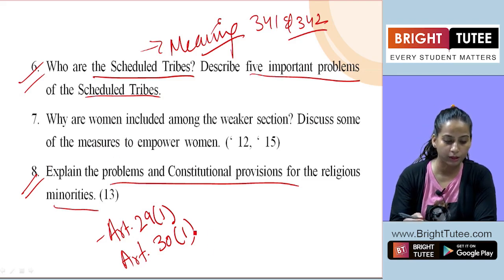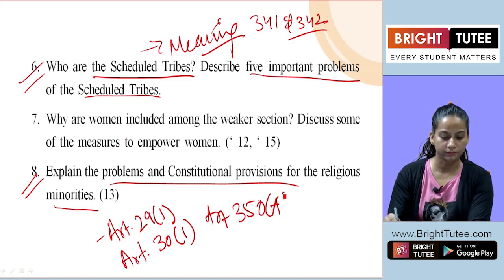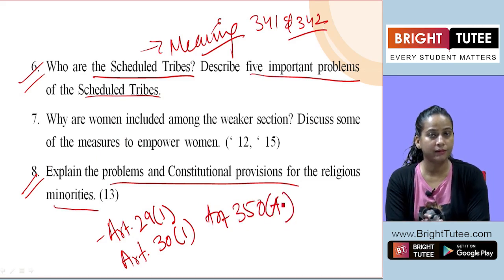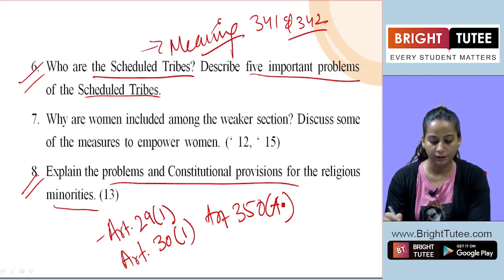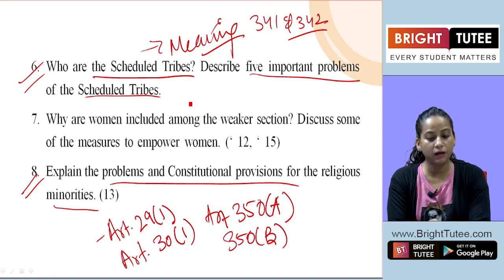Then according to Article 350A, the state also provides them facilities for instruction in their mother tongue to the children of linguistic minorities at the primary stage of education. Then you will mention about Article 350B, which provides a special officer for linguistic minorities to investigate all the matters relating to their safeguard.